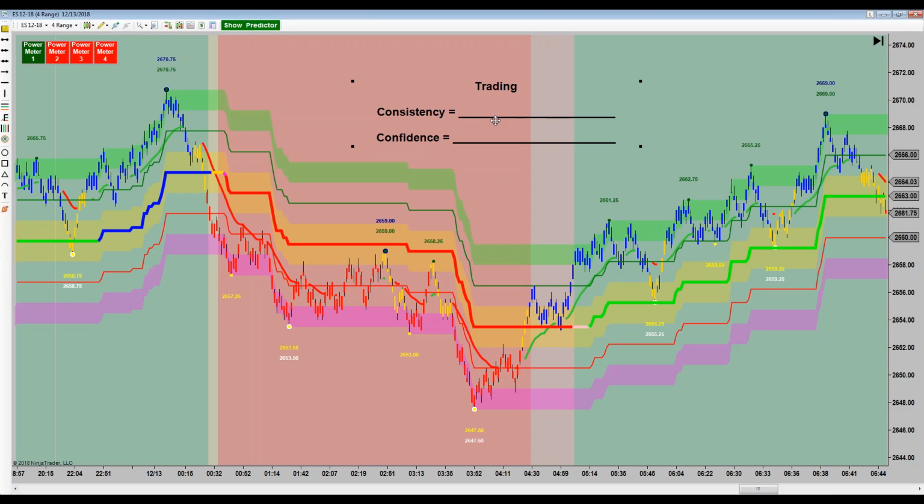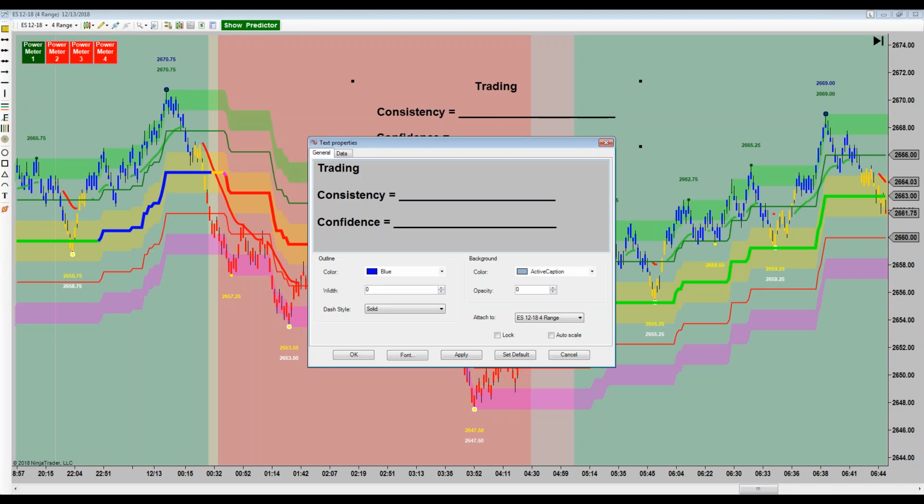Now that we all have an understanding of what these words mean in regards to our trading, let's talk about the next step. And that is how to achieve consistency. So first we define what we're trying to do, yes? And then the next thing we're going to talk about is how to do it.